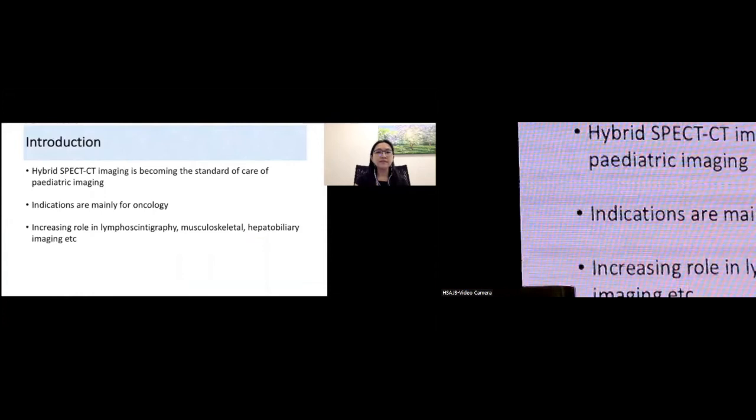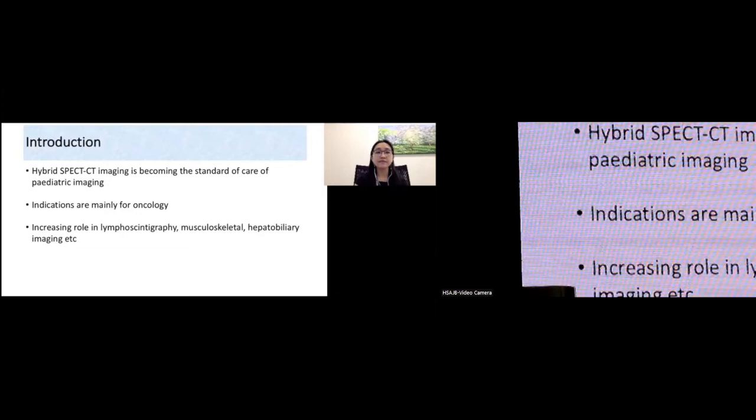Over the years, there has been an increasing demand for SPECT-CT in pediatric imaging. Hybrid SPECT-CT imaging is becoming the standard of care in pediatric imaging. The indications are mainly focused on oncology cases like MIBG in neuroblastoma patients and iodine-131 scintigraphy in differentiated thyroid carcinoma patients.